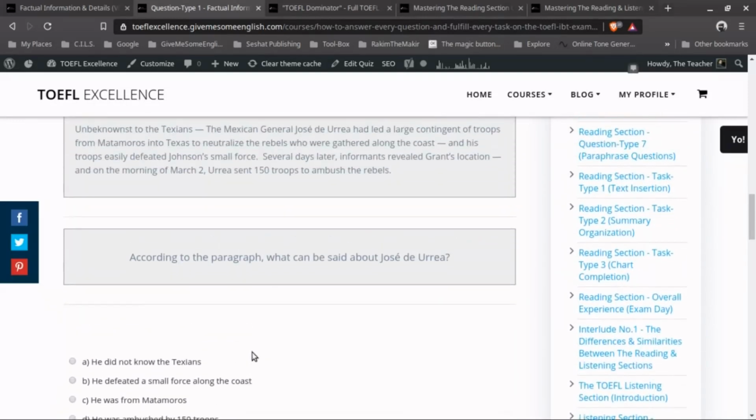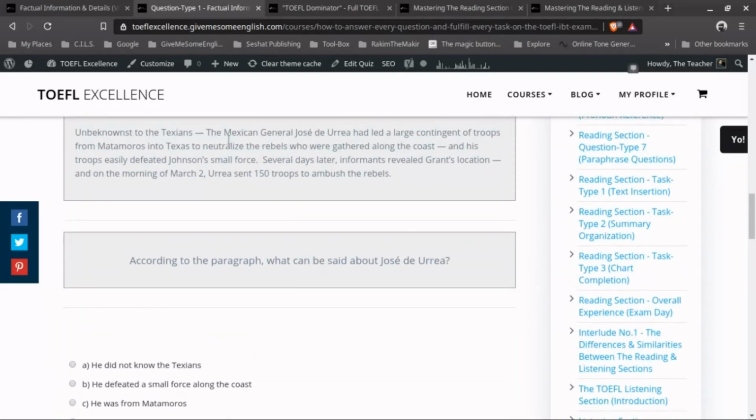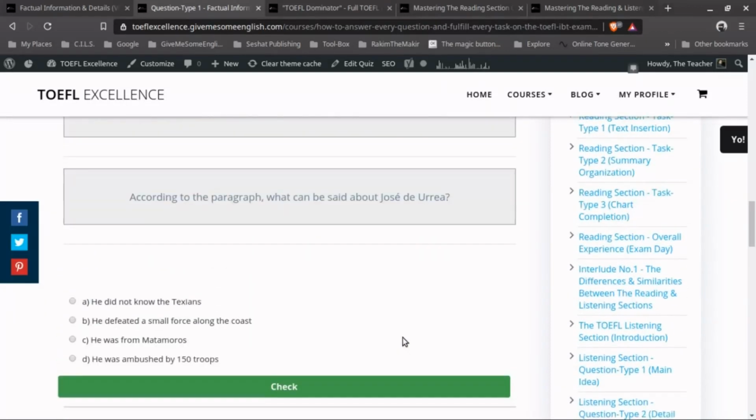Okay, that doesn't exactly mean the same thing. If you know the word neutralize, it just means to stop them or to make them not powerful anymore. It could be that he captured them. We don't know. So this one right here, it doesn't mean exactly the same thing. So we'll have to put that into the whole category of maybe it's the answer.